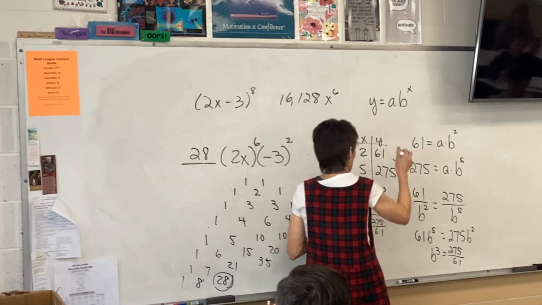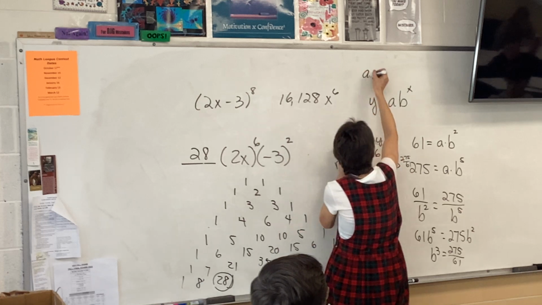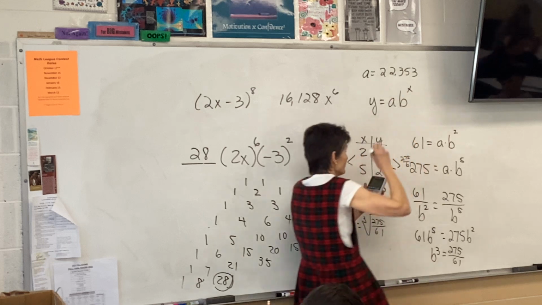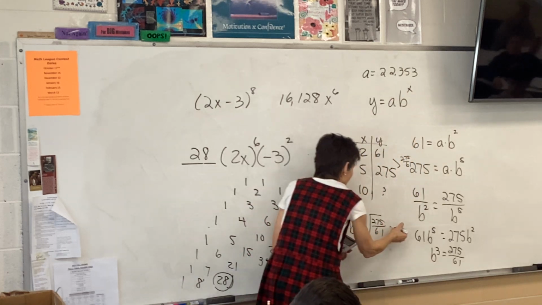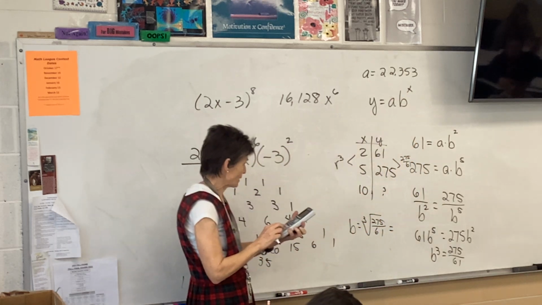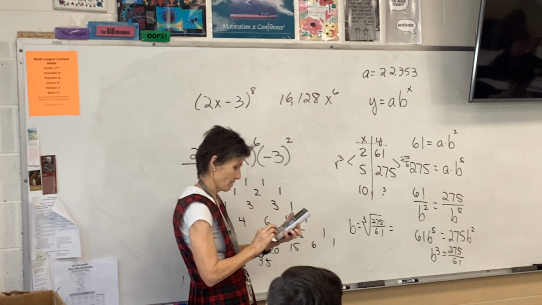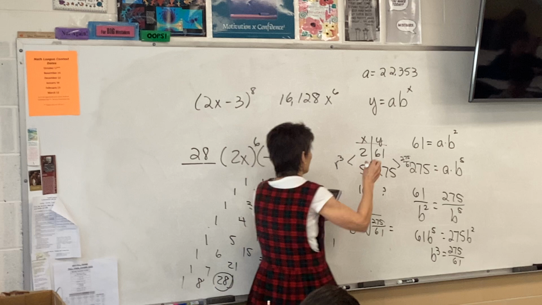My A turned out to be 22.353 basically. And my B is that number, which decimally, I can figure out is 1.652.